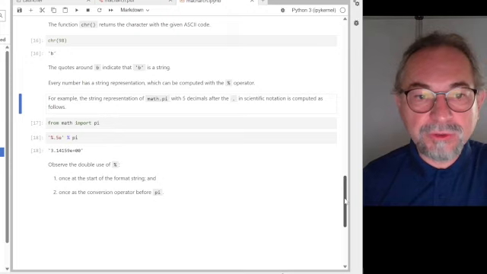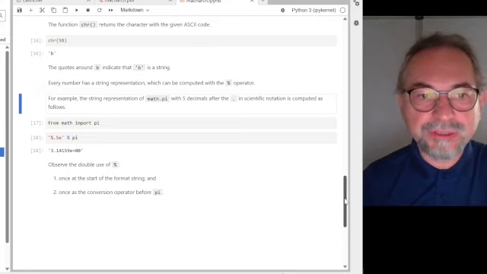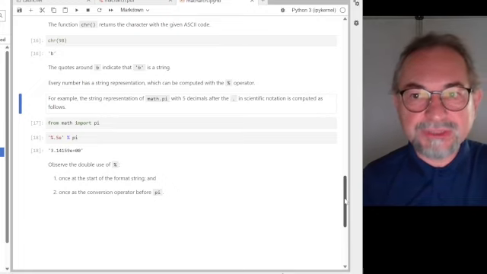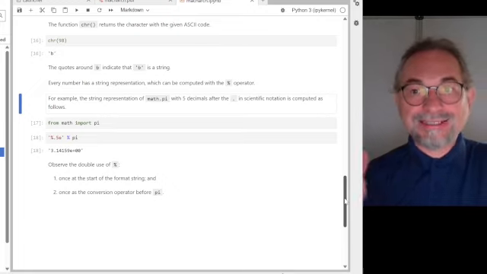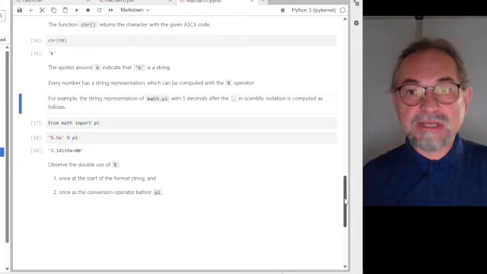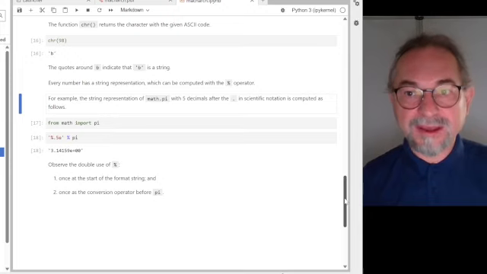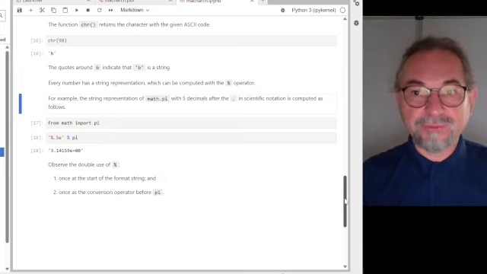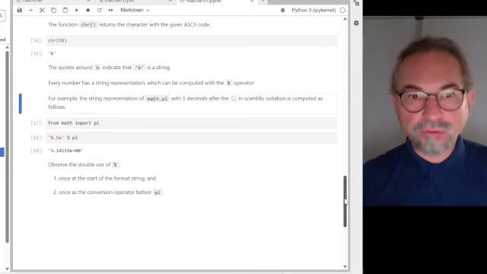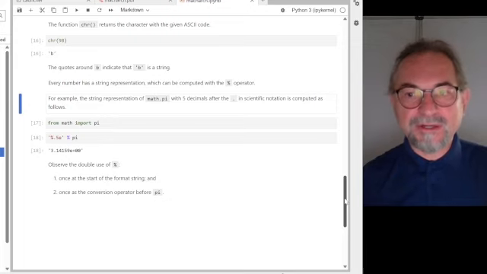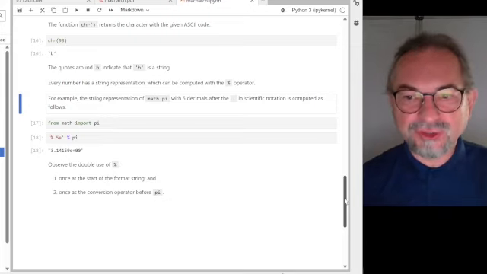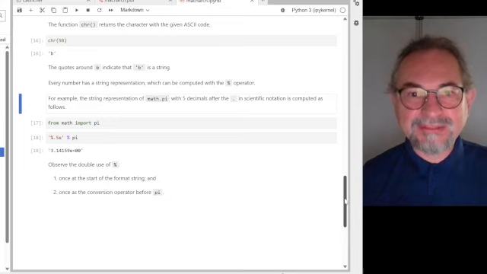If you want to format a number with a certain precision in scientific notation, you use the percent operator, where the second operand is the name of the variable that holds the number, and the first argument is a string. So this is an operation that has two operands.